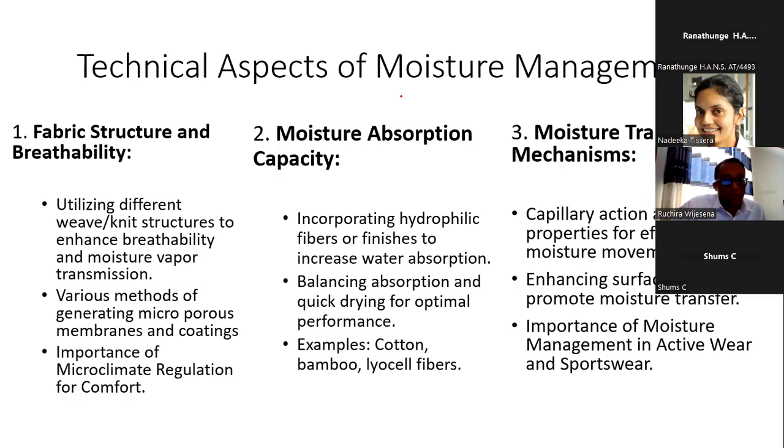Yes, thank you very much, Ranatunga. You are requesting a clarification. The surface energy basically refers to the surface wettable property, wettability. So it has something to do with the wicking and the capillary action governed through the fiber, actually the interaction between the inter-fiber and the inter-yarn interactions. When I refer to the surface energy, we have looked at these Janus fibers. In the Janus fibers, there are differences in the fiber itself. They have created differences in the surface energy, that means the surface wettability.